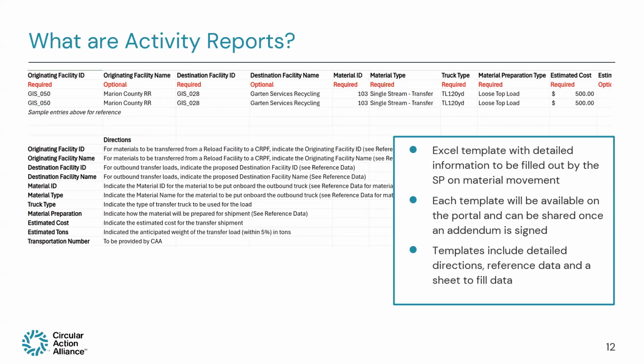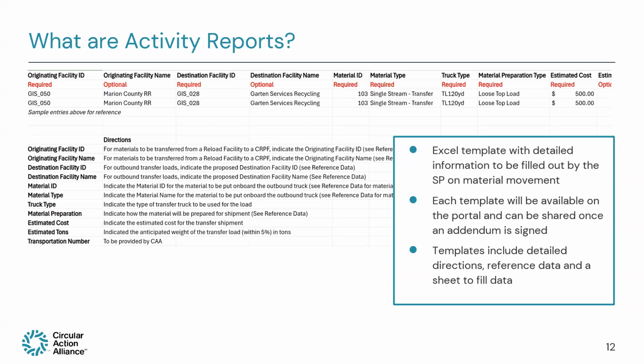So I talked about this, but you can kind of see an example of an activity report here. As you can see, it has originating facilities, destination facilities, what type of material. And this one is specifically for the transportation reimbursement. So for those, we will be looking for an estimated cost prior to the movement, and then also after, an actual cost of what it was.